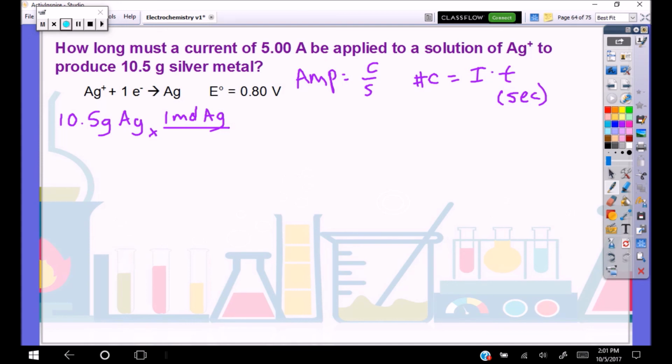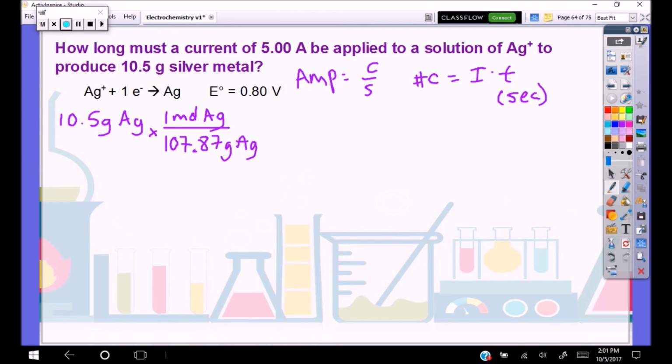So with dimensional analysis, the idea is I'm multiplying by a fraction. Anytime I have a unit I want to get rid of, it is on the bottom of my fraction. So I want to get rid of grams, so I'm using the molar mass of silver. Molar mass of silver is on the bottom, and then I'm going to moles. So anytime you pick a new unit, that unit is on top, and I'm going to moles of silver.